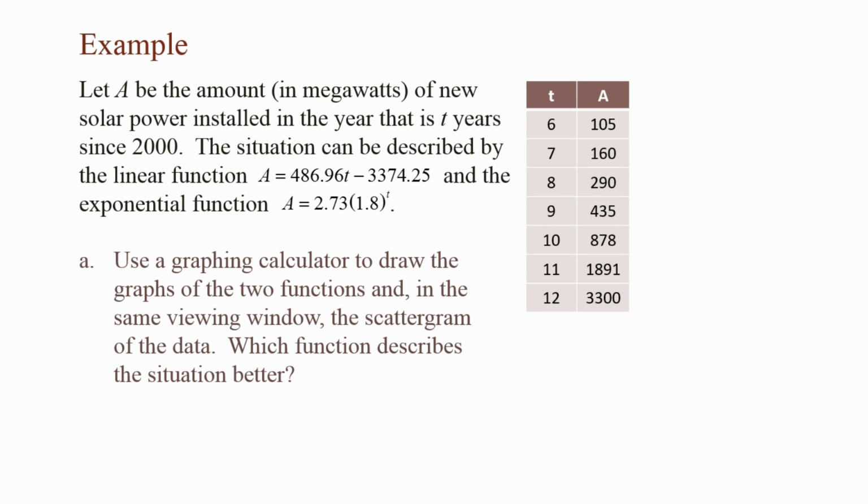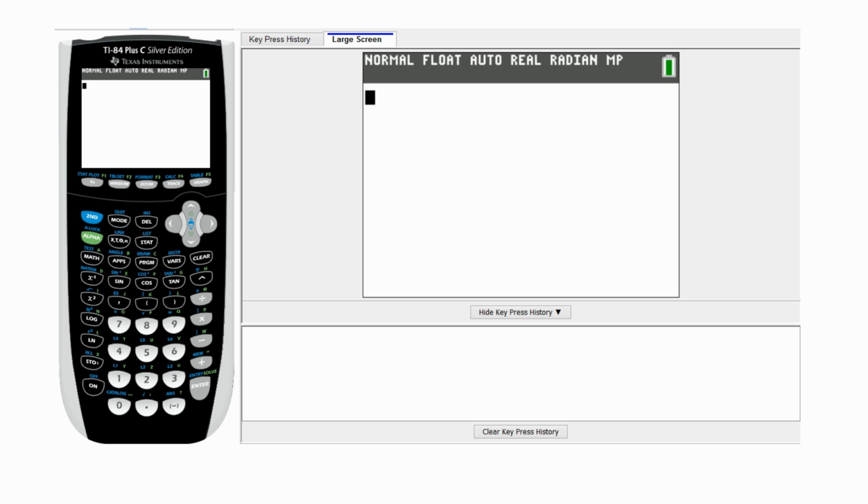So going back to our data, if we're looking at T years since 2000, our 2006 becomes 6, 2007 becomes 7, 2008 becomes 8, 2009 becomes 9, 2010 becomes 10, 2011 becomes 11, 2012 becomes 12. And then we just have our values for A. On our calculator, we're going to use T as our L1 and A as our L2.